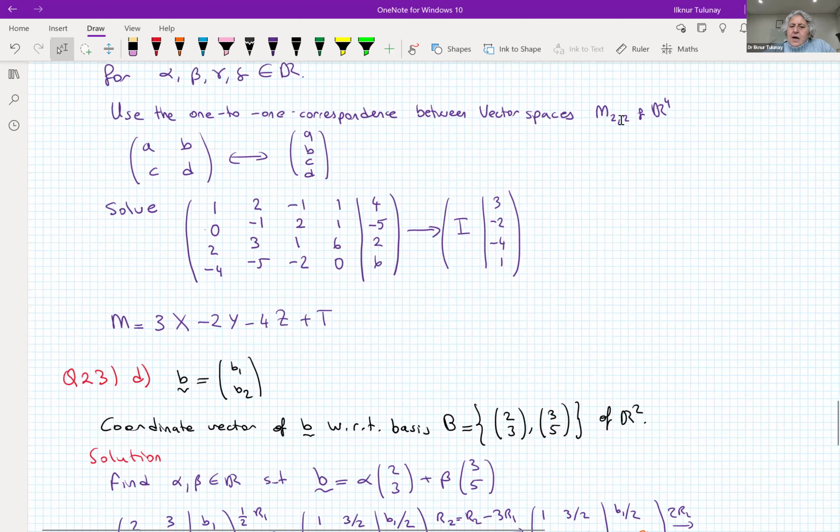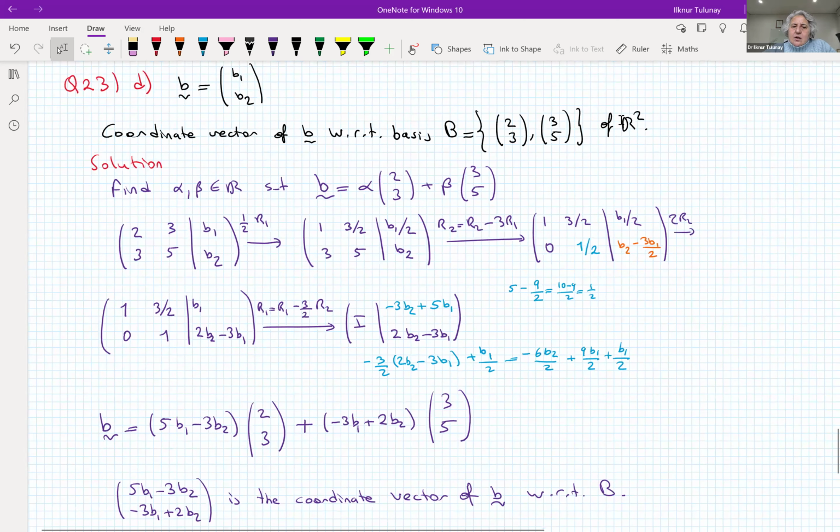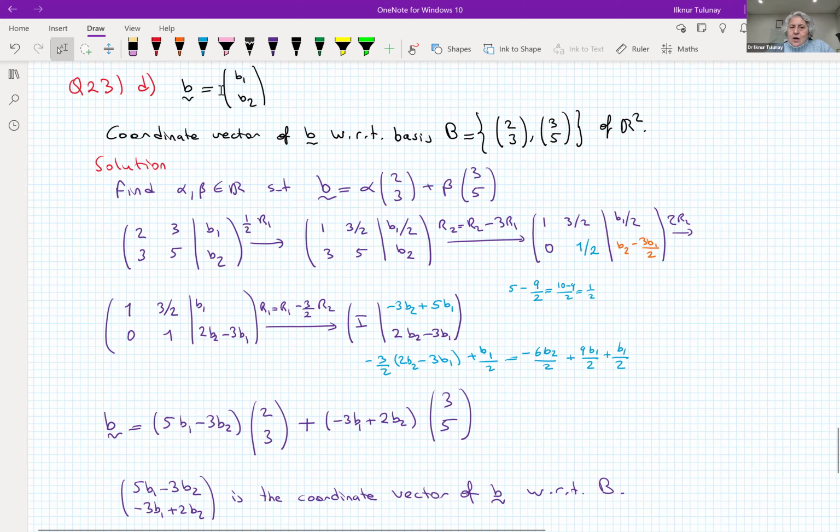For part D of this question, this is a little bit general in a sense. In this case, we have a general vector, B1 and B2. We want to find the coordinate vector of B with respect to the basis 2, 3, 3, 5. This question means we want to find alpha and beta, scalars in R, satisfying B vector is equal to alpha times one of these basis vectors plus beta times the other.